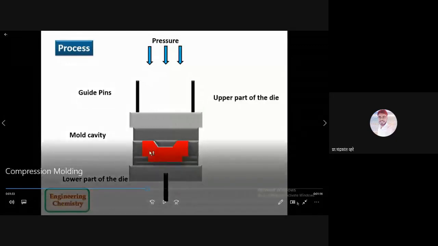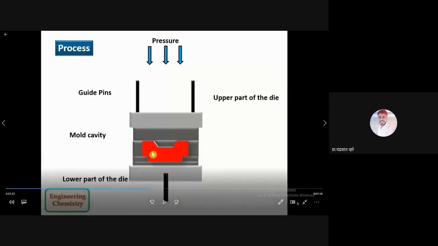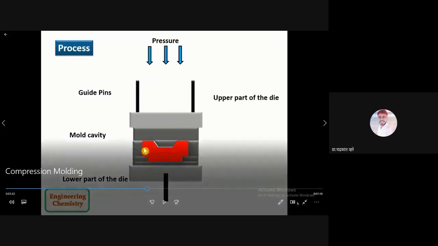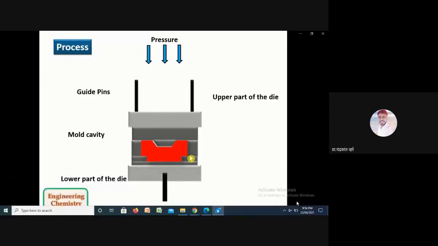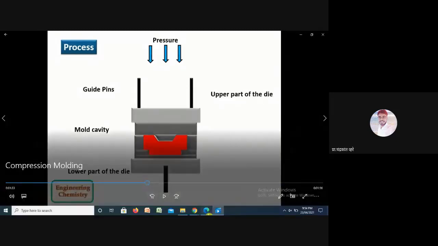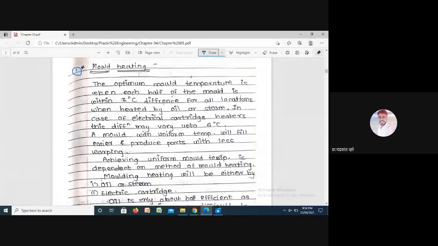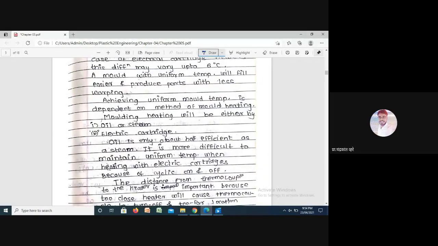So, to maintain the mold heating constant from point A to point Z within the same difference, we have three mold heating processes.